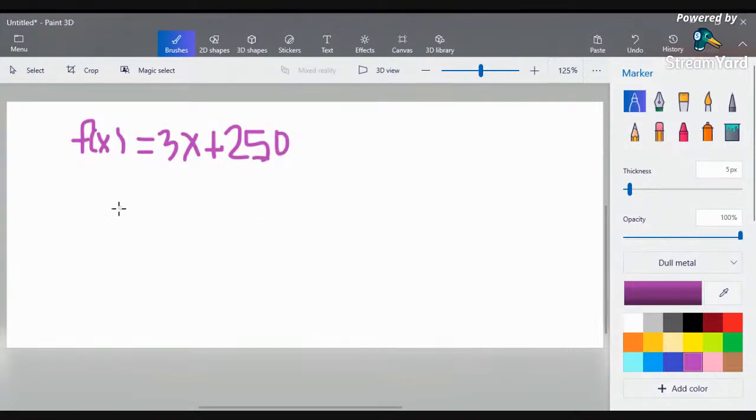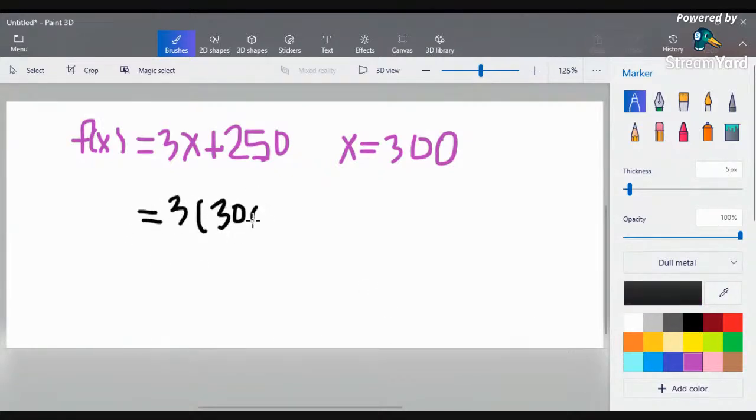Okay, so first question is, how much is the profit of the company if they sold 300 pieces of bags? So it means that we have to use x equals 300. So substitute 3 times 300 plus 250. That will be the profit.